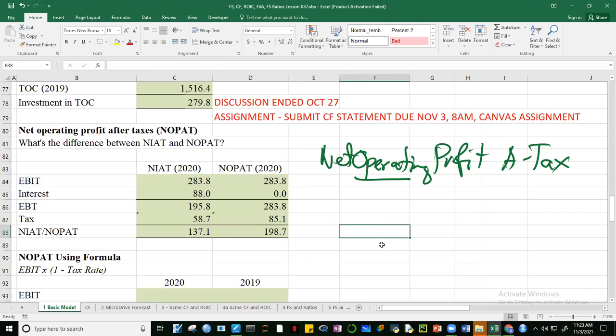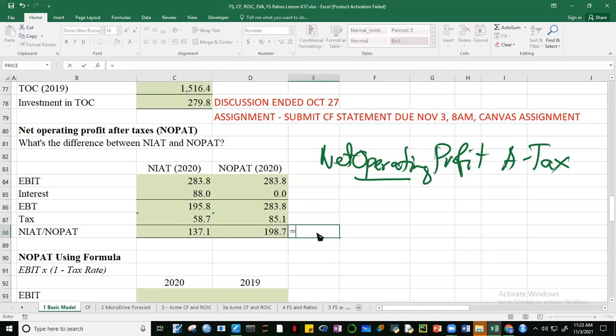Okay, if you notice, guys, number one, NOPAT is higher than net income after tax. That happens when your EBIT is positive. So the net operating profit after tax is higher than your net income after tax. Okay? And also your tax, guys, for NOPAT is higher than your tax for your net income after tax.